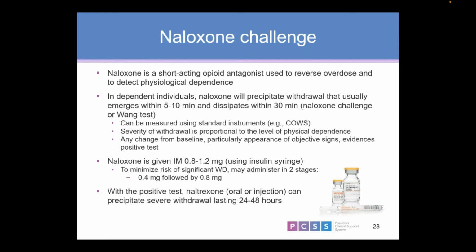And so by then initiating naltrexone either orally or by injection, they're not going to have withdrawal symptoms, because naltrexone is not short acting. It's not going to go away in 30 minutes. It's going to be there for a while, and it's very uncomfortable.